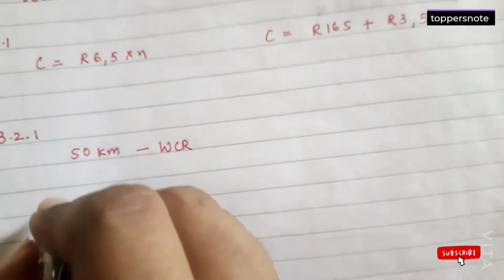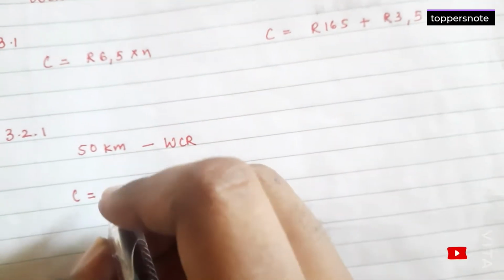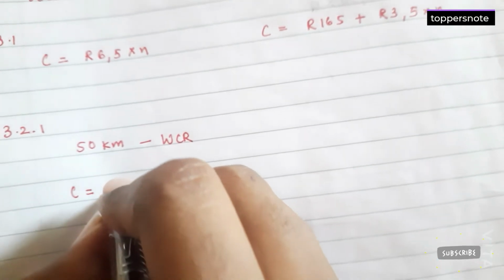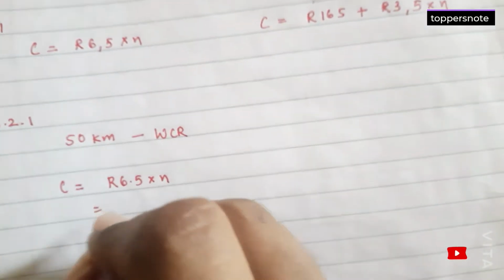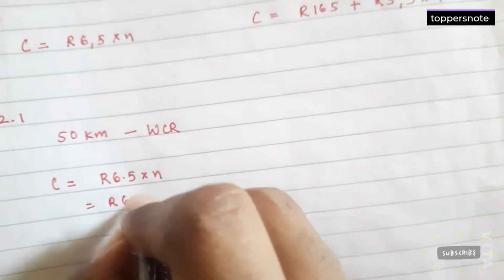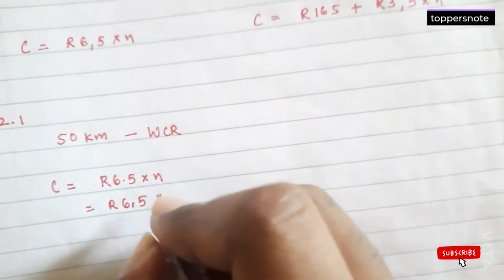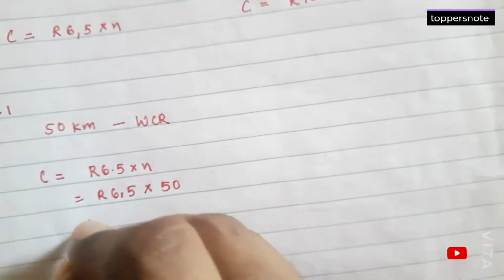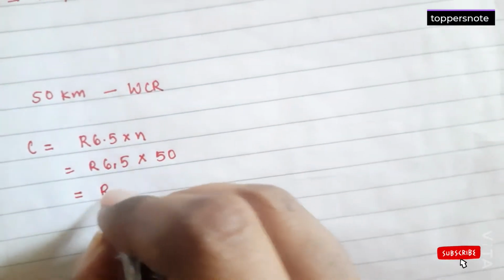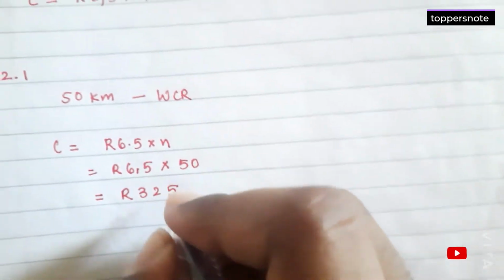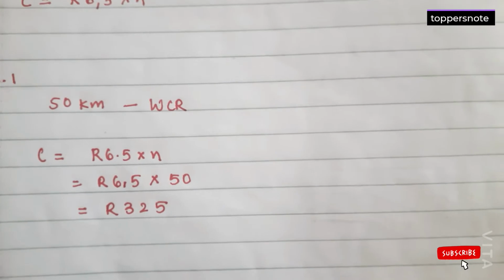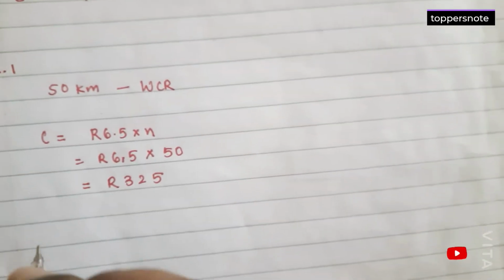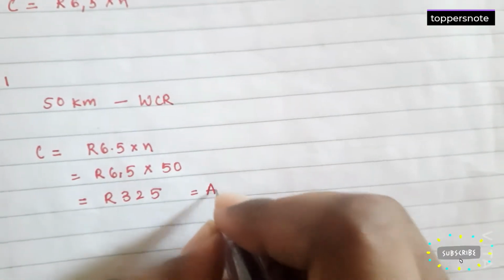So you know the formula, C equals R6.5 into N, which is R6.5 into 50, equals R325. This value will be your A.